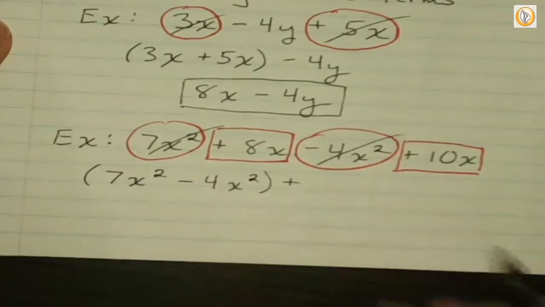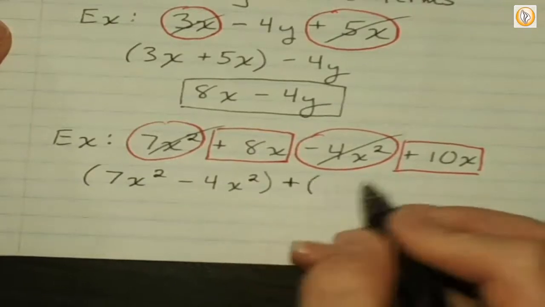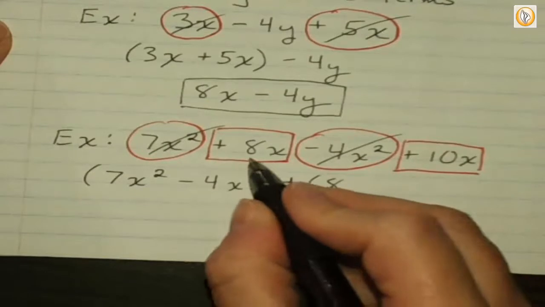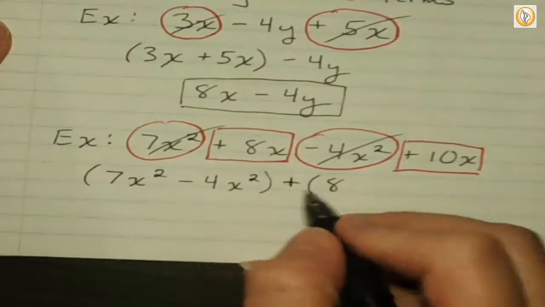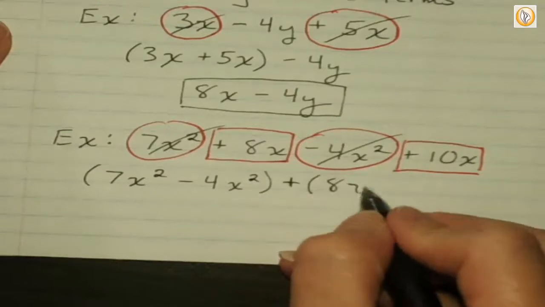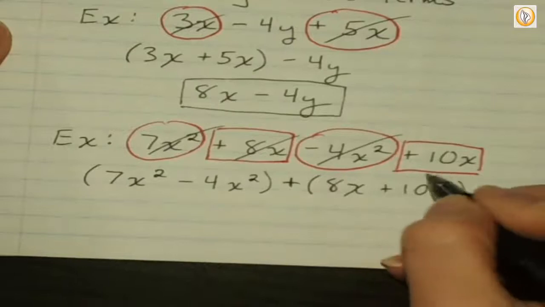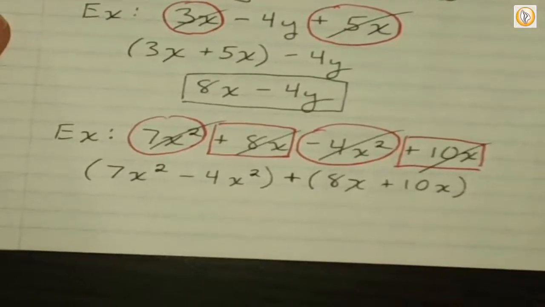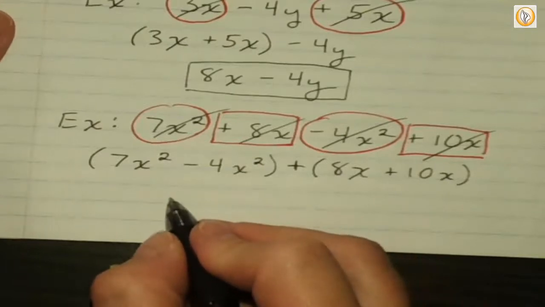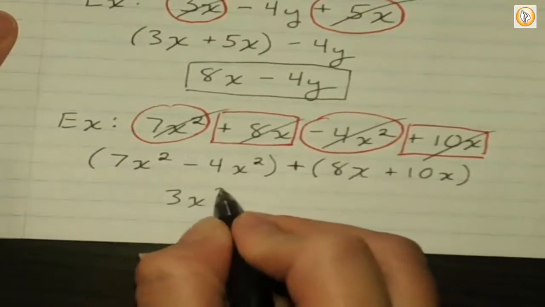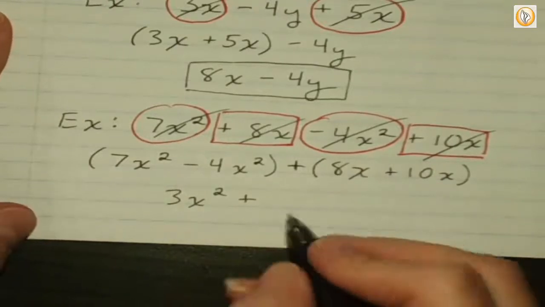Yeah, always a plus. Good job. I don't care if this is a plus or minus. Always put the plus sign between your parentheses. 8x, cross it out. Plus 10x, cross it out. Aiden, what is 7x squared minus 4x squared? 3x squared. Plus, what is 8x plus 10x? 18x.